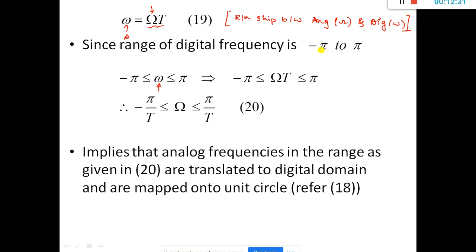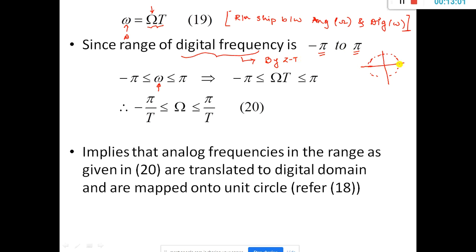Now the entire digital frequency is going to lie from minus pi to plus pi. The reason is, if you take this entire circle, you should always ensure that the range of digital frequency is indicated by the z transform.